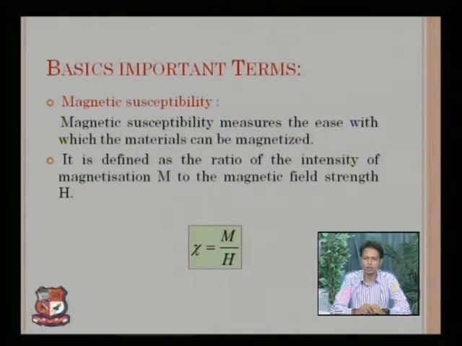That means the units of the denominator and numerator cancel out. So magnetic susceptibility is a dimensionless quantity; it does not have any unit.